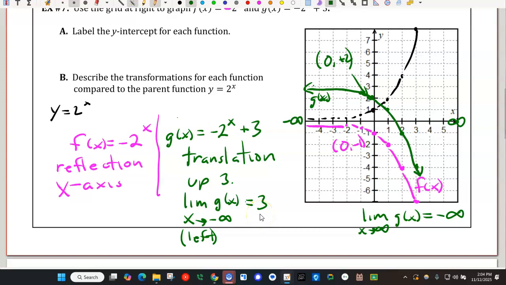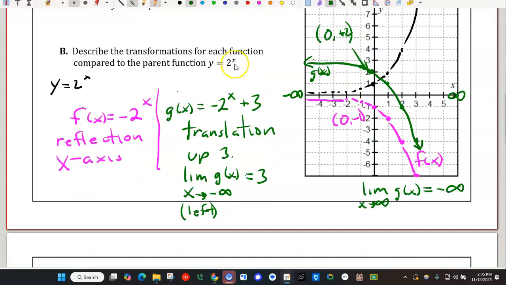So just be thinking about that as well. How does doing a reflection or a translation or a stretch change what's going on at the end behavior? Usually, it only changes when you are doing a reflection, or if your asymptote might change if you shift up, something like that. Okay.